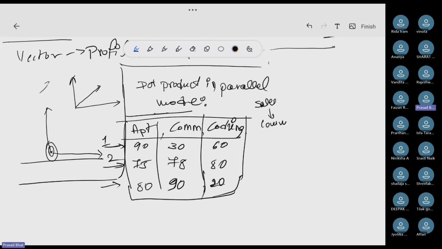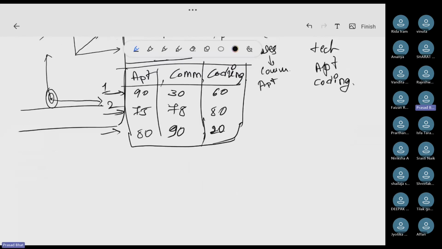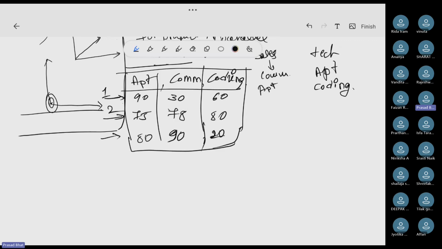Communication mainly, and also aptitude matters, but coding is not needed for them. And there is another tech company which requires what? Communication is not that important for them, aptitude is necessary, and coding is also necessary. Coding is of high weightage for them. So if you want to calculate which student fits, this is a vector, right? For every student we have a vector.